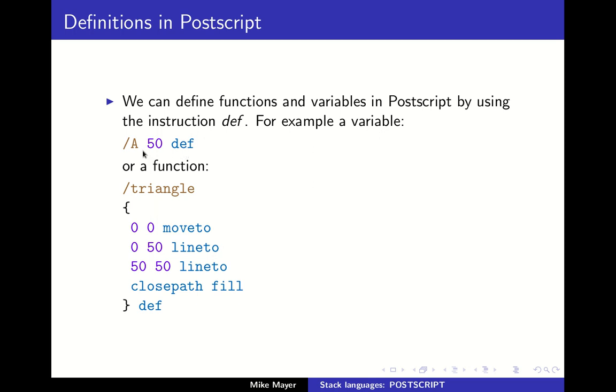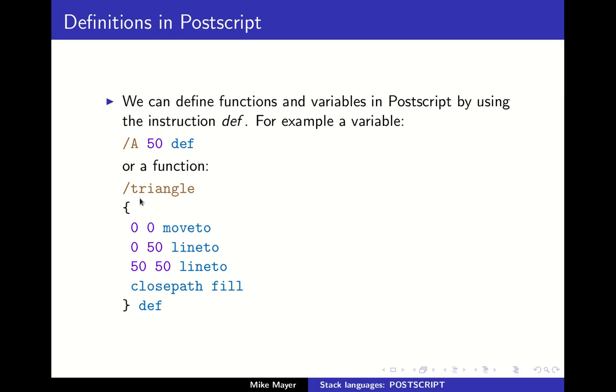So if, for example, you want to assign the variable a with the value 50, we have to go this way. We have here /a. This introduces this a to PostScript, says this a is a new thing, and then we have to say 50. So this would be the value with which this a should be assigned. Basically in C we would write a is equal to 50, and here we say /a 50 def, and this defines a to be 50, and later we can use this a instead of 50.